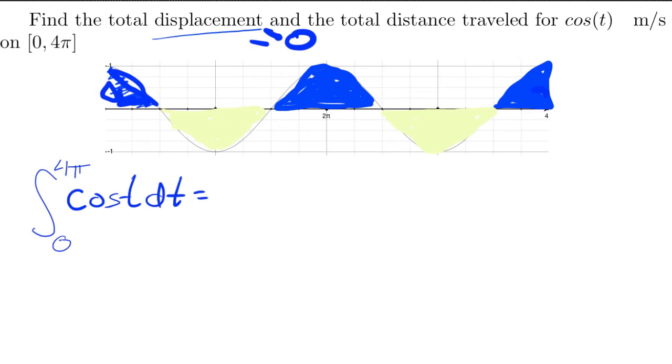And so we can use the fundamental theorem of calculus. The antiderivative of cosine is positive sine, and this is going to be evaluated from 0 to 4 pi.